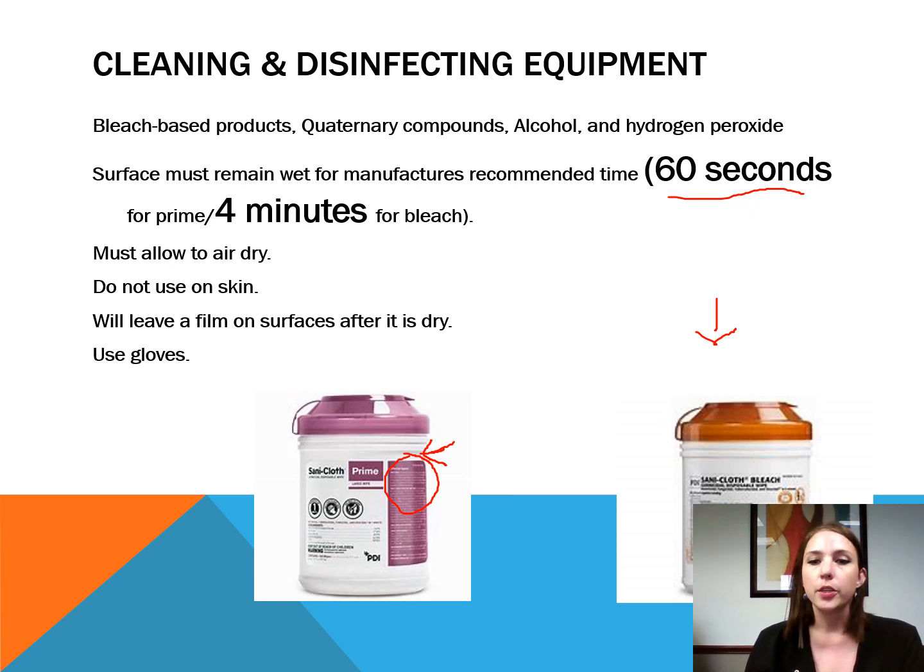So that means that you need to have the surface of whatever you're wiping remain wet for 60 seconds to kill whatever it says on the canister it kills. So Prime kills a large array of organisms, and it takes a total of 60 seconds to kill all of those organisms. And for bleach, it would take 4 minutes to kill everything that's on the label of that canister, including C. diff.